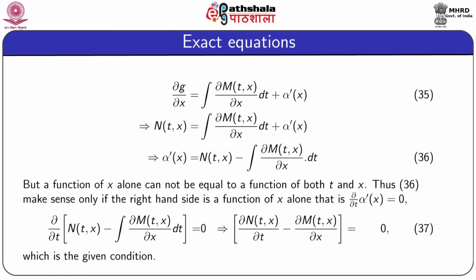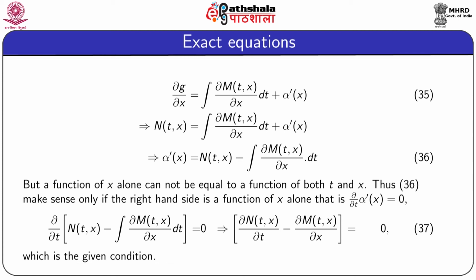Now, a function of x alone cannot be equal to a function of both t and x, and thus equation 36 will hold good only if the right hand side is a function of x alone. Please note that the left hand side is only a function of x and the right hand side is a function of t and x, and hence we will have ∂/∂t of α'(x) equal to 0.